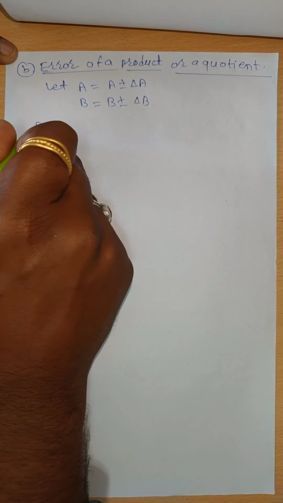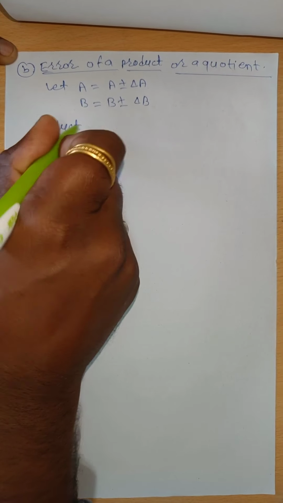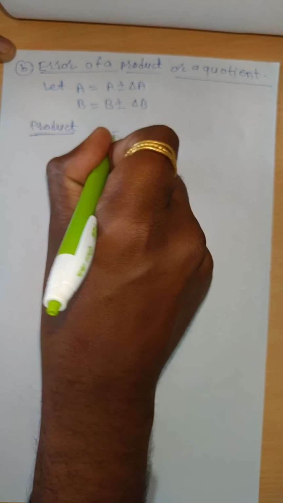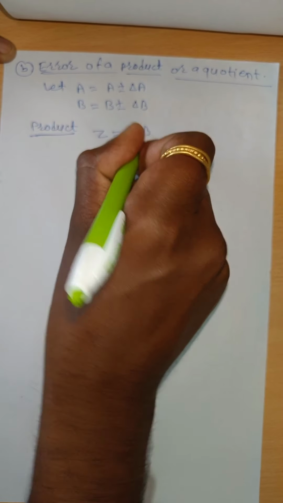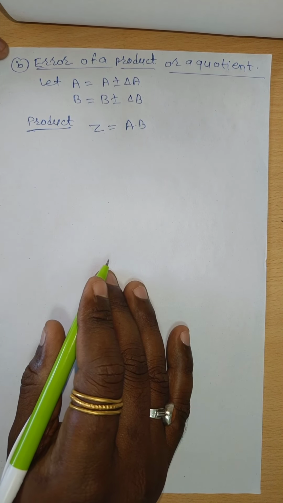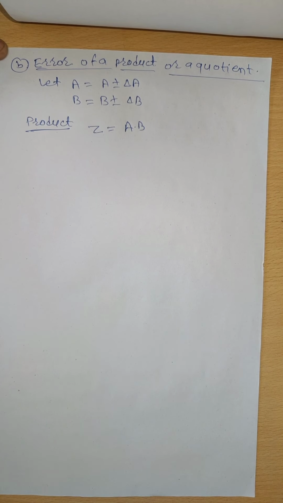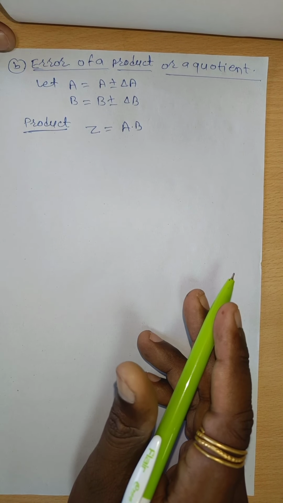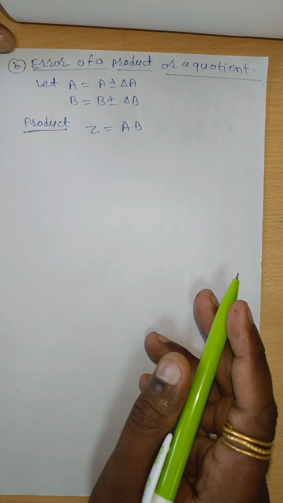Now the product Z is equal to A into B. While taking addition or subtraction, the error is equal to the sum of the individual errors. But while taking the product or quotient, product or division, we have to discuss the relative errors.